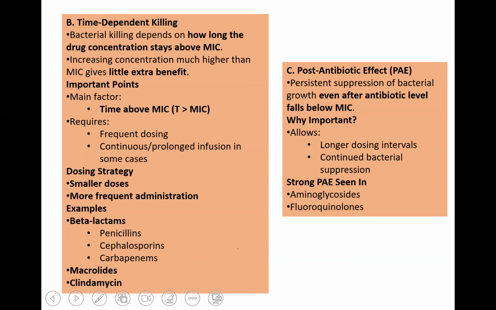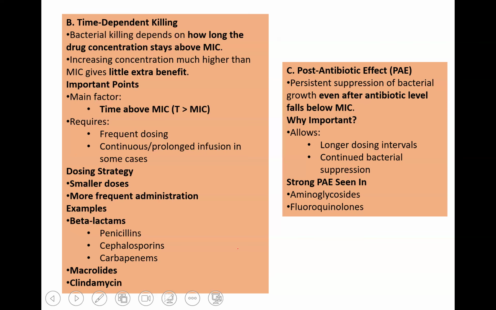It doesn't depend on the concentration; rather it depends on the time for which the drug concentration stays above the minimum inhibitory concentration. So even if we increase the concentration above the MIC, we will not have much of an effect, because it depends upon the time, the duration.